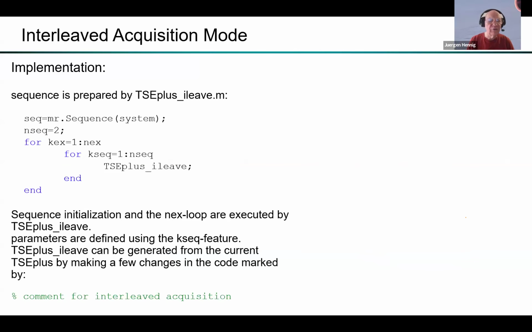The implementation is done in a very basic way. You will find in the repository this TSE plus ileaf, which just initializes the sequence, and then you run through this Pulseq loop.